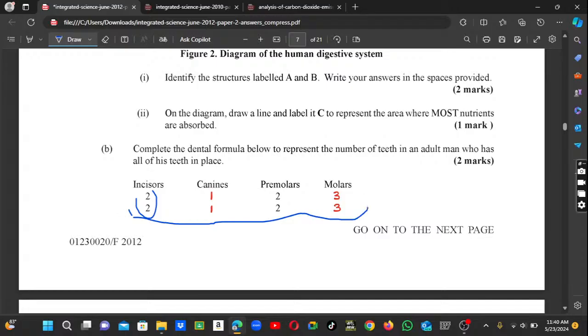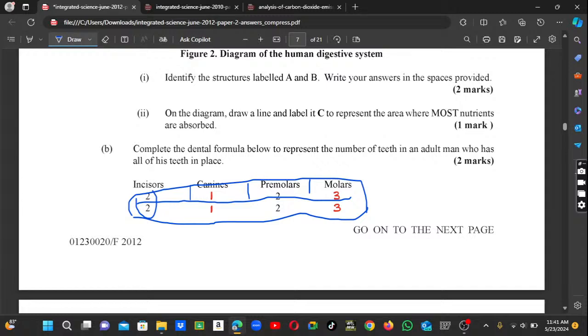This is the top line of your mouth, and these would be your teeth. We have 2 incisors on top, 1 canine on top, 2 premolars on top, 3 molars on top, and the same below.